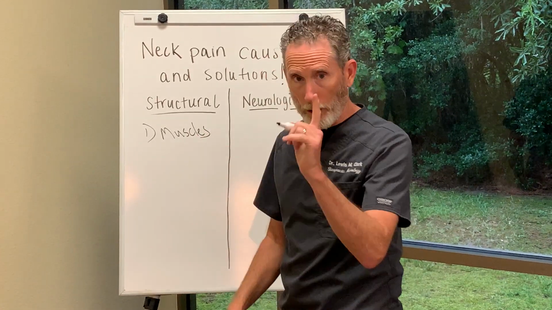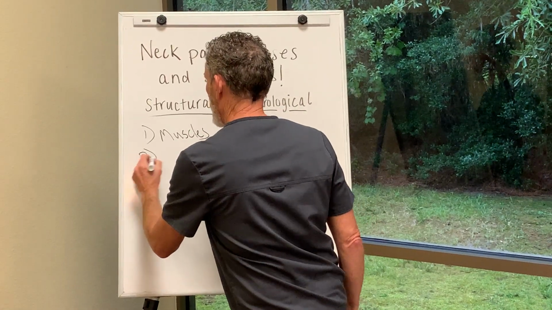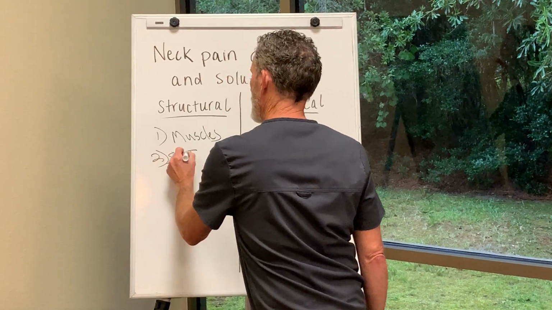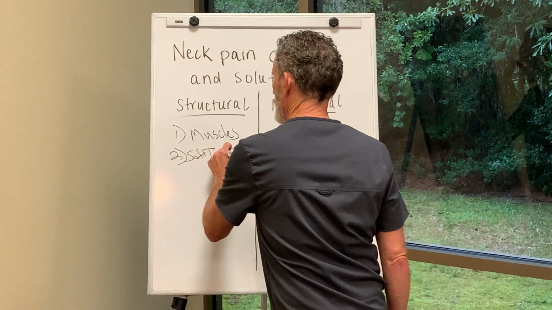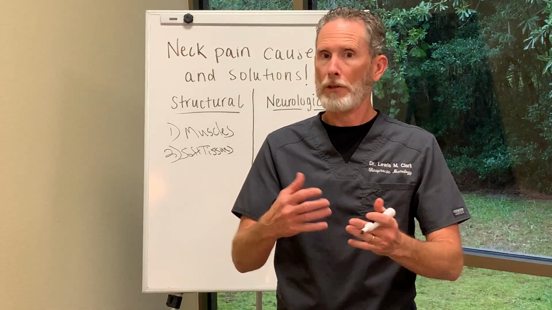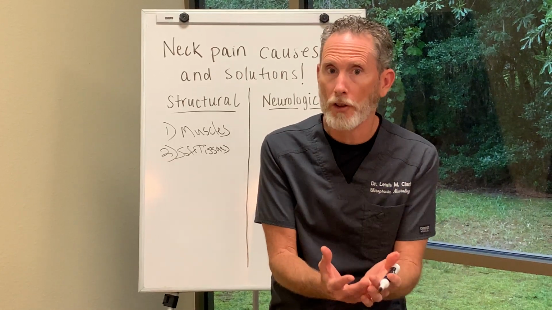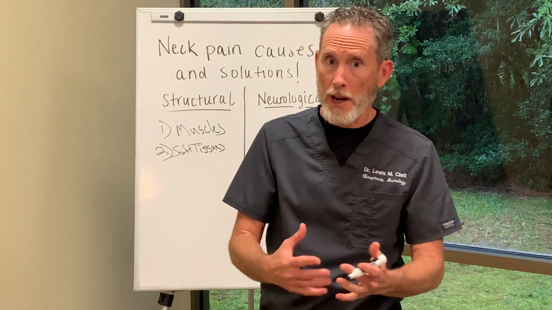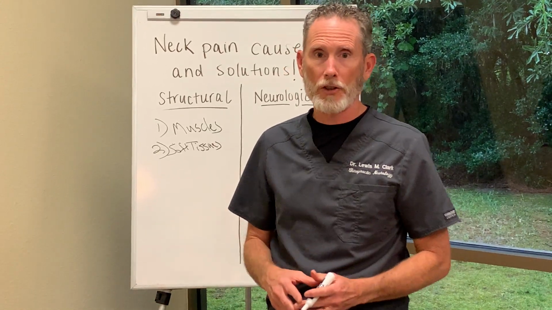And so they can be too tight, or they can actually be not toned enough, not taut enough. But muscles are one. Number two, we're going to call soft tissue, and we're going to define that as ligaments and disc in particular, okay? So yes, can you have sprains in your neck? Absolutely. Can you have disc bulges, herniations, tears, and other problems in your neck?